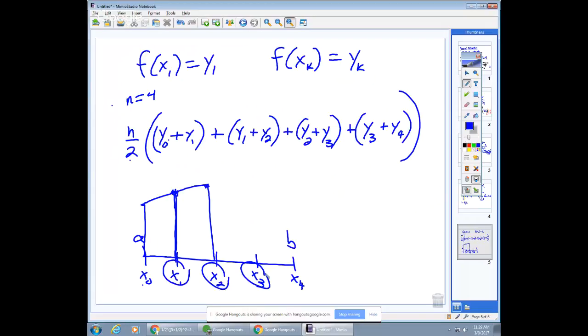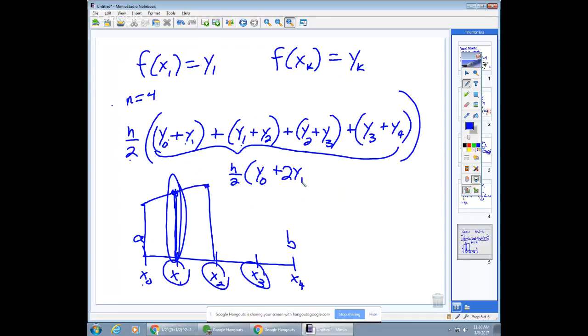So if I clean up this sum right here, what's going to happen is we still have that h over 2 hanging out front. y0 only appears once here. It only gets used once. But notice that y1 gets used for both of these trapezoids, here and there. So I end up with 2 y1s. And then how many y2s do I get?